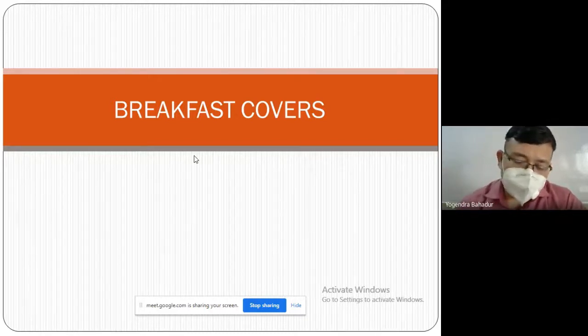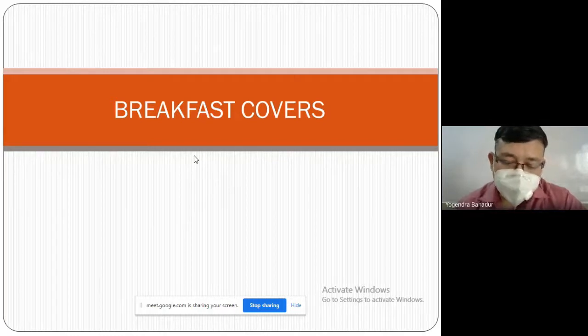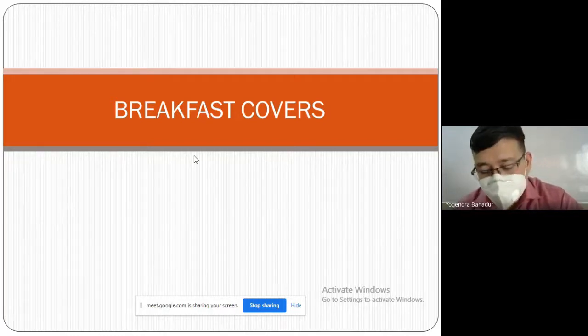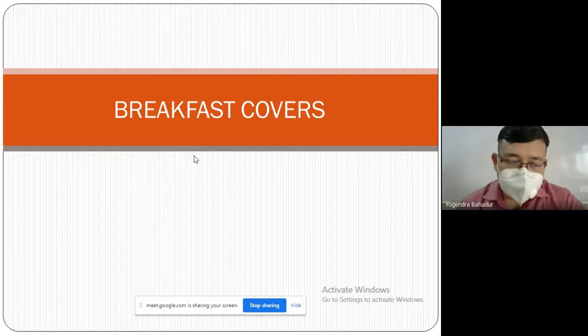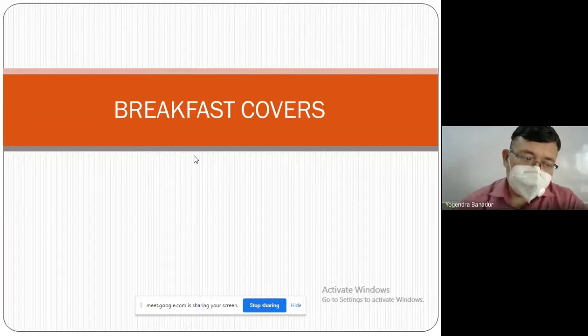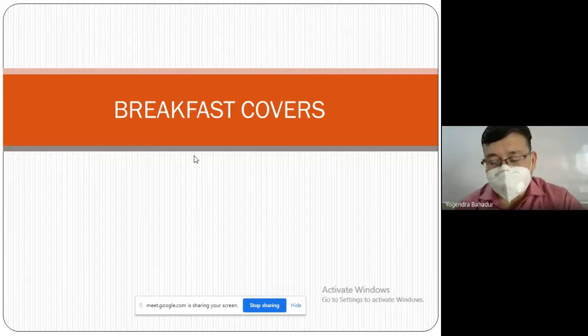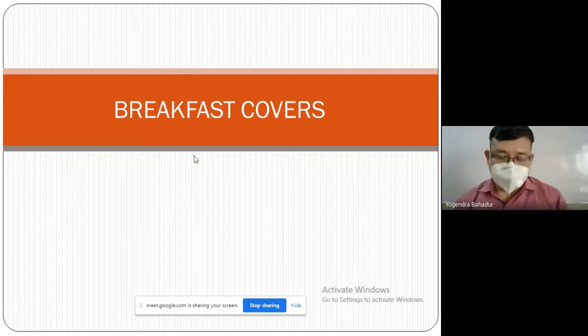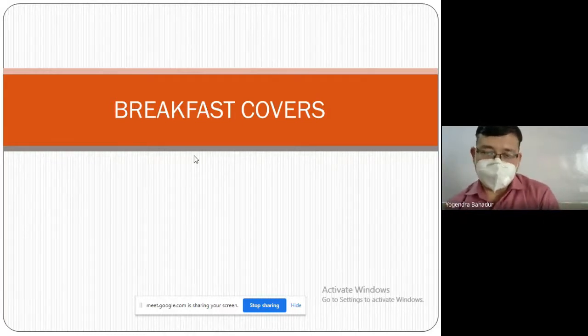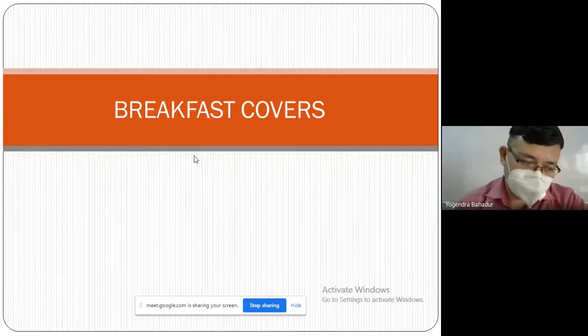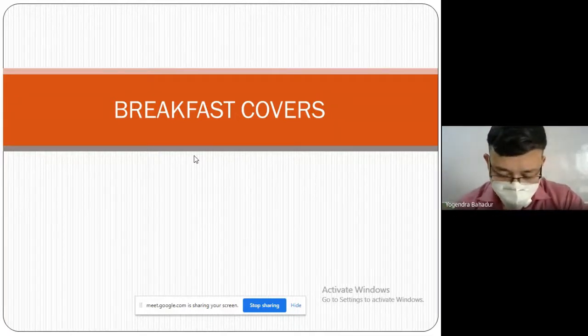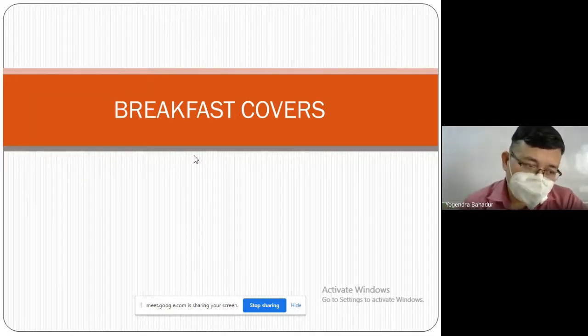Some examples of meat items are chicken sausages, pork sausages, salami, grilled ham, grilled bacon, etc. So these are also part of the English breakfast. That's why it is considered the heaviest breakfast.